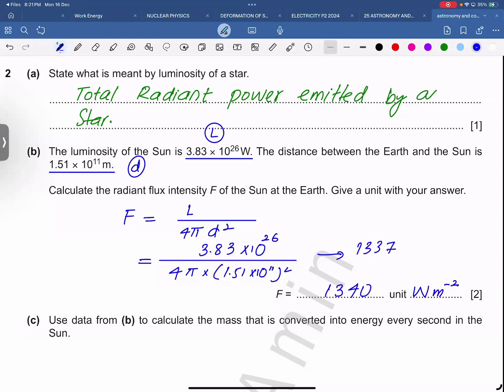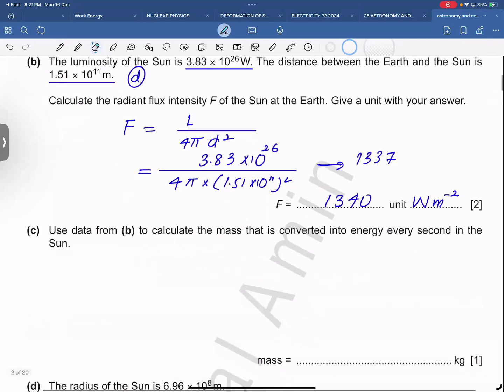Watts per meter square. Use the data to calculate the mass that is converted into energy. You already know, the mass-energy equation is only one, Einstein's equation. E equals mc squared. So first you need energy.